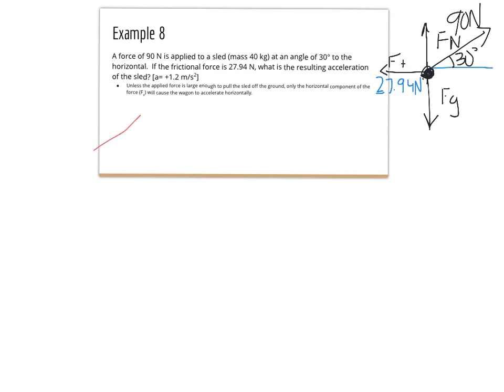We end up with this triangle where we have 90 newtons as our hypotenuse. This is 30 degrees. So the applied force in the y direction will be 90 times the sine of 30, which is 45 newtons. We have the applied force in the x direction, which would be 90 newtons times cos of 30. And I got 77.94.